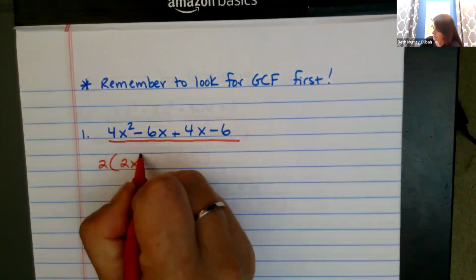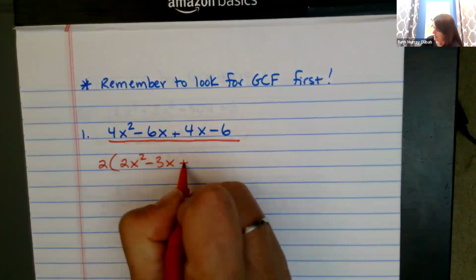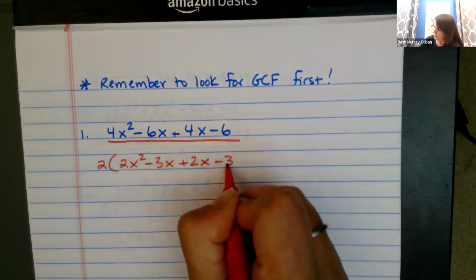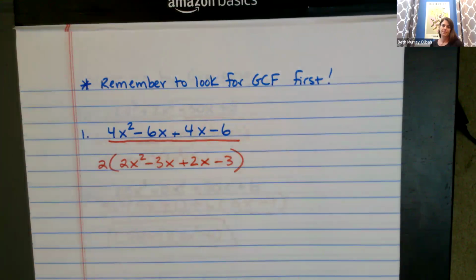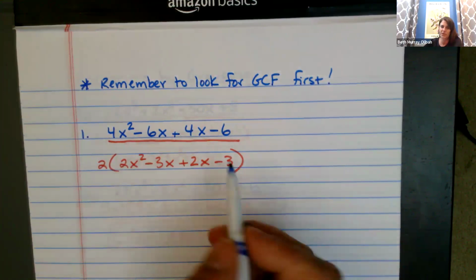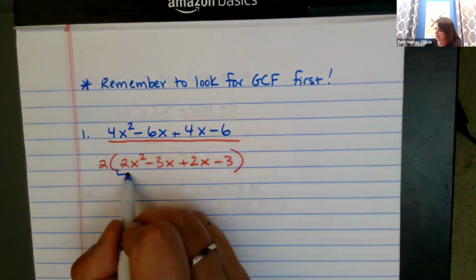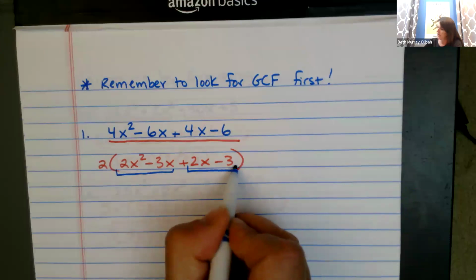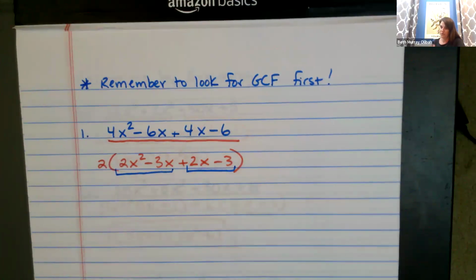So I'm going to start by taking out a 2 from everything. Then I'm going to look at what I have left. Okay, this still looks like something I need to do grouping with, so I'm going to ignore that 2 for a second, and I'm going to do the grouping, and then I'm just going to make sure to remember that 2 needs to go out front at the very end.